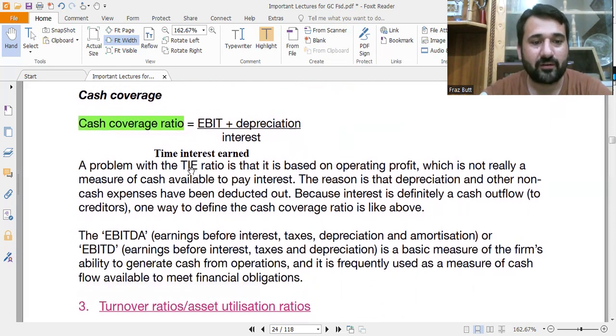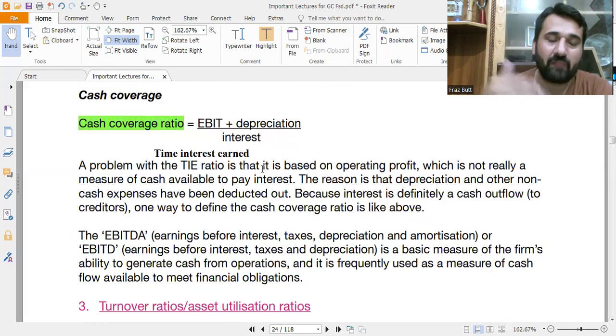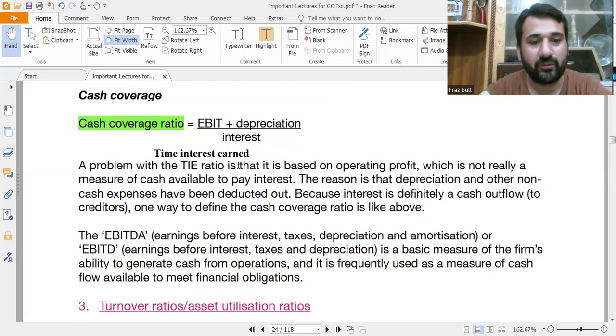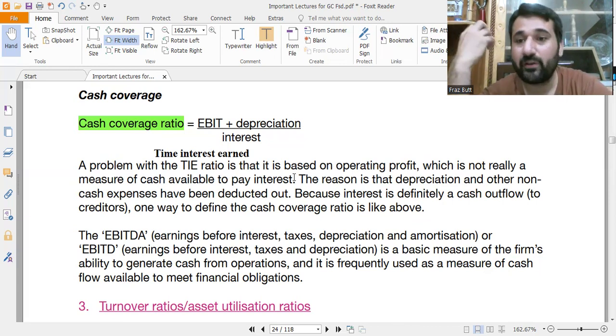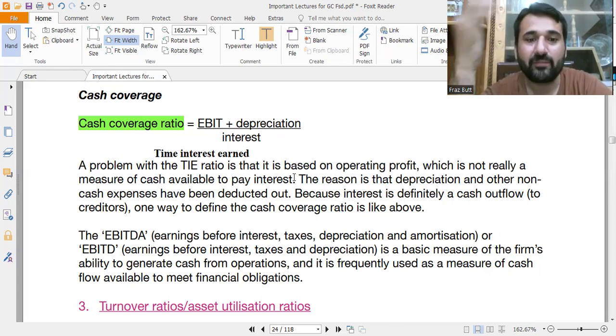A problem with the TIE, time interest earned, is that it is based on operating profit, which is before the interest and tax, which is not really a measure of cash available to pay the interest, because operating profit is before the paying of interest.